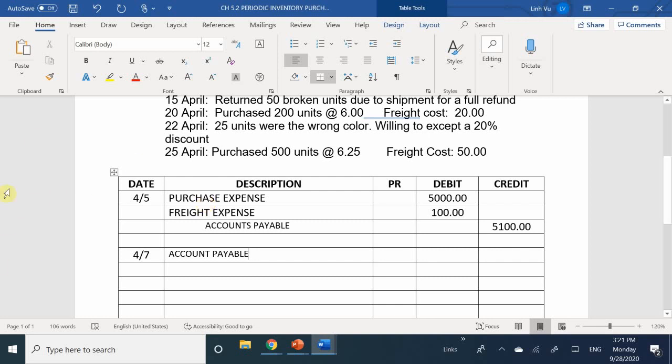Okay. And that's going to go under our debit side. So we're getting back $1,000. Okay. And then below that, we're going to indent, and we are going to do our purchase returns and allowances account. There we go. Purchase returns and allowances. Okay. And we're going to credit that for $1,000. Good.